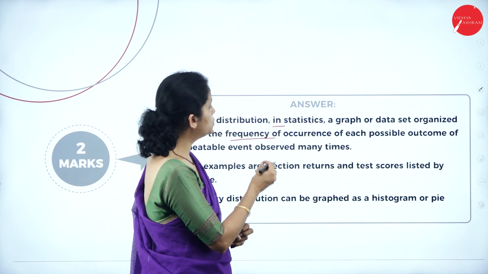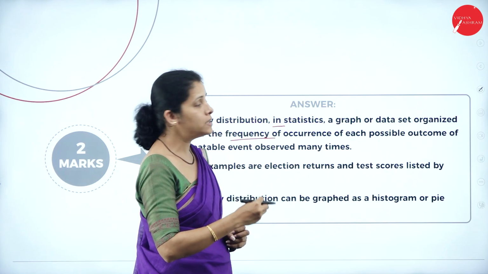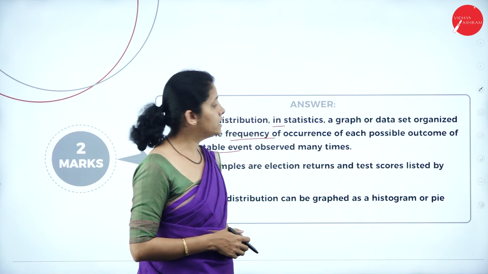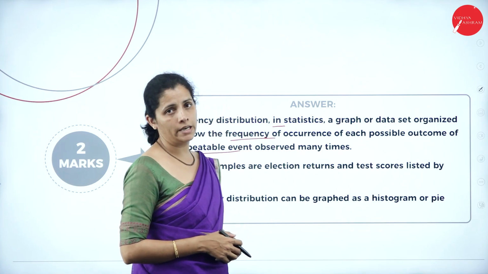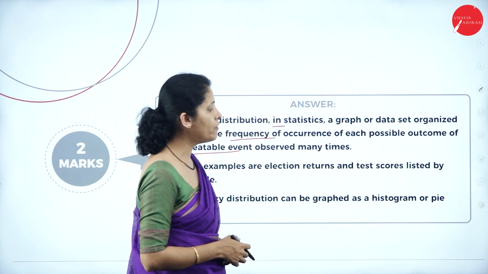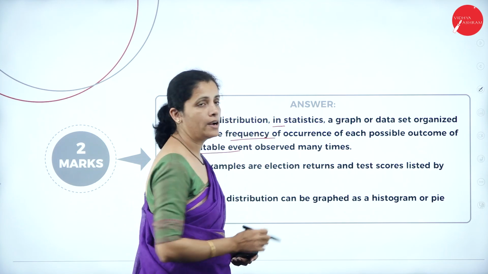It is mainly used to represent the occurrence of each possible outcome of a repeatable event that is observed many times, and it is represented in terms of histograms or pie charts.